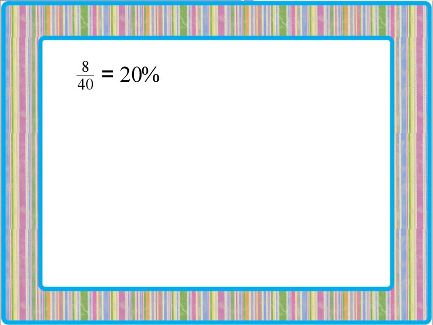So 8 out of 40 giving me 20%, not a very reliable estimate. If I chose 4,000 people at random though, and 600 of those people said they liked chocolate best, then I could assume that about 15% of the overall population would like chocolate ice cream best.